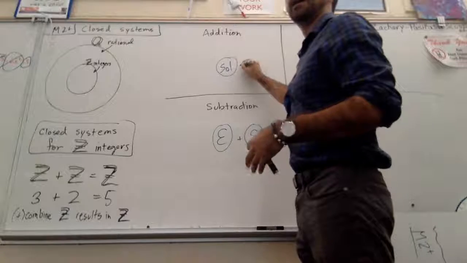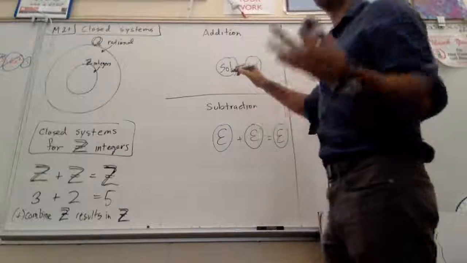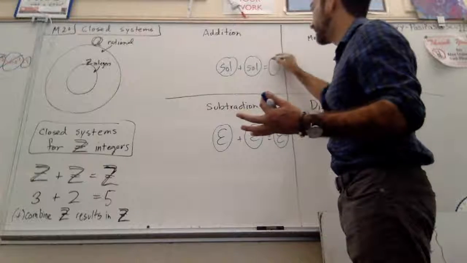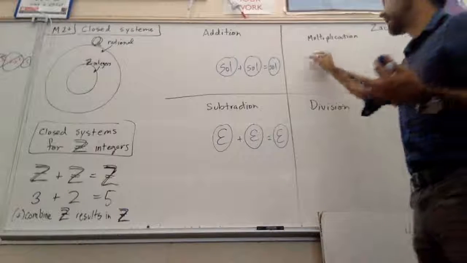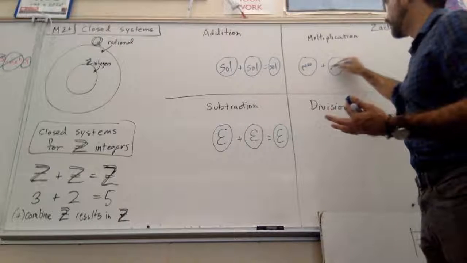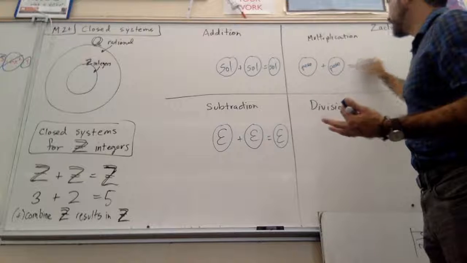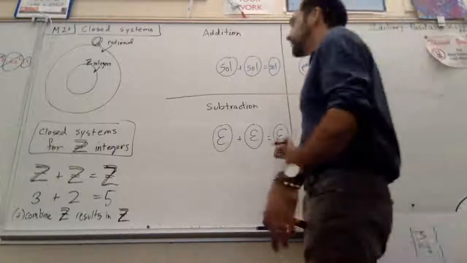If I have a sole and somebody in my group pays me back for borrowing some soles, what do I have in my pocket? Soles. If you're in Mexico, I was in Mexico as well, and you get some money back from a friend, you have some more pesos. What do you have in your pocket? Pesos. This is a closed system.